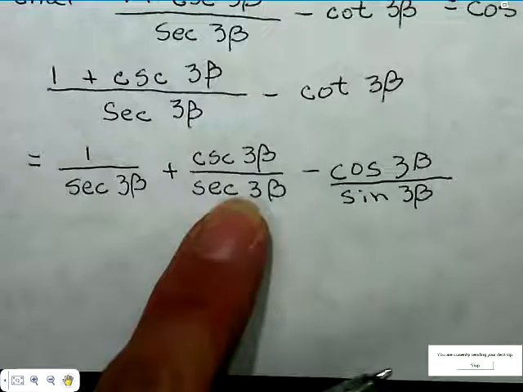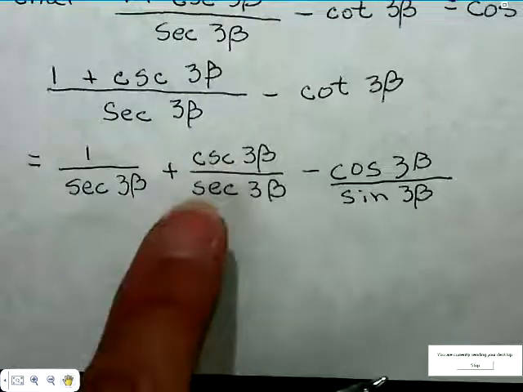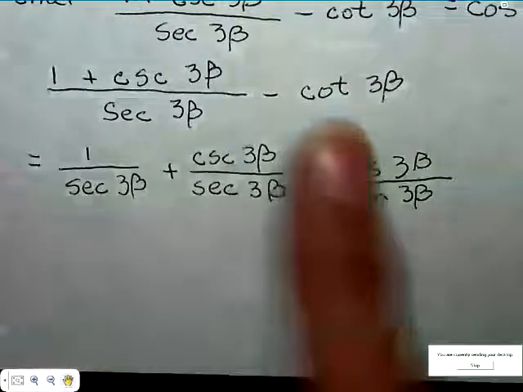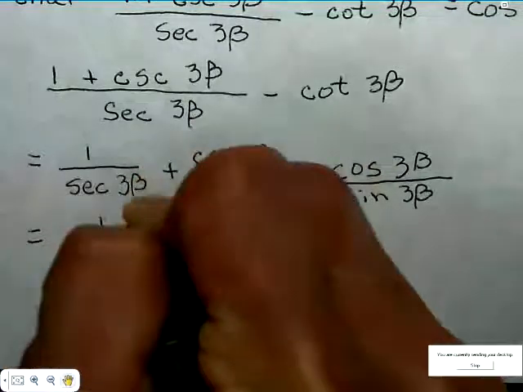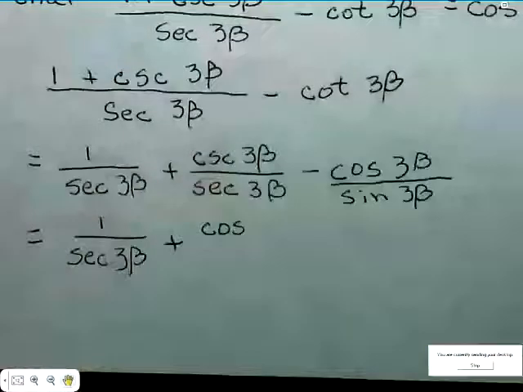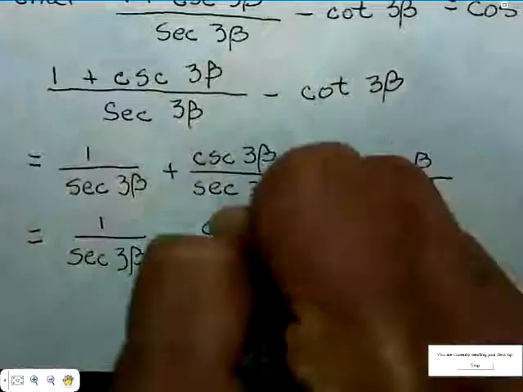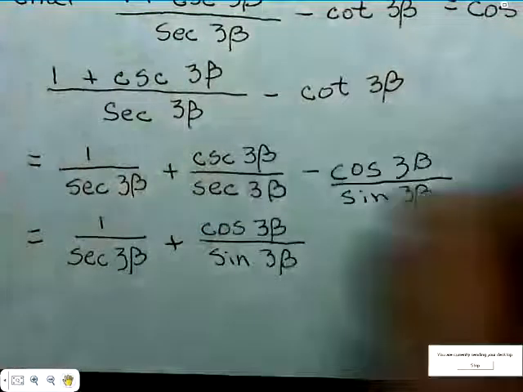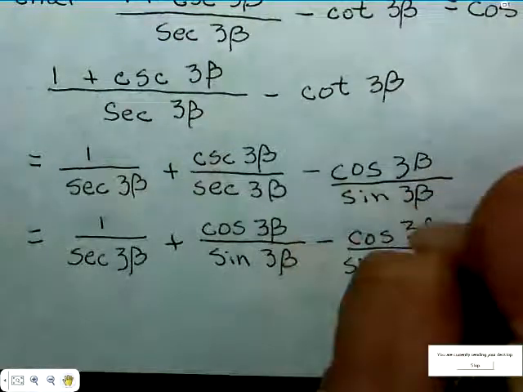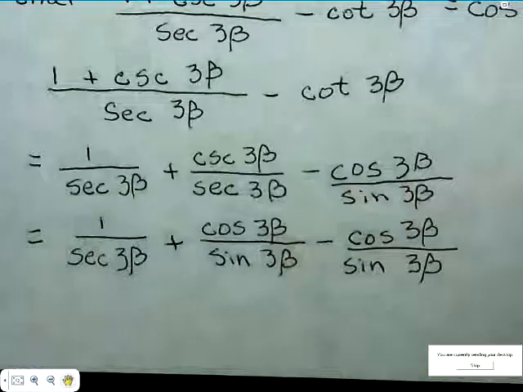Sorry, I said that wrong. 1 over sine divided by 1 over cosine is cosine over sine. Cool.